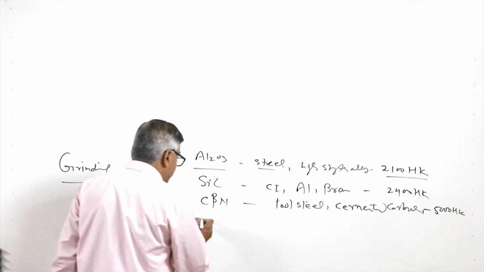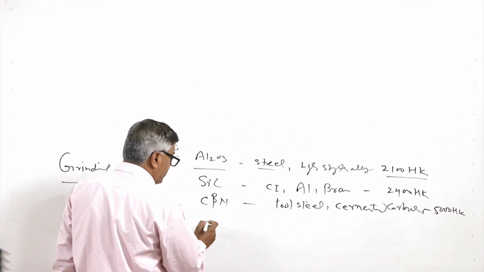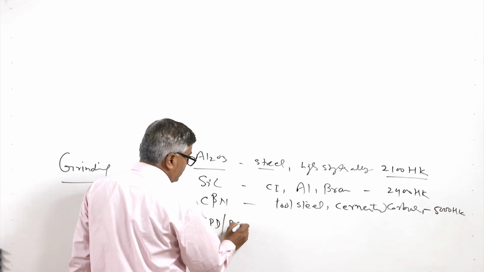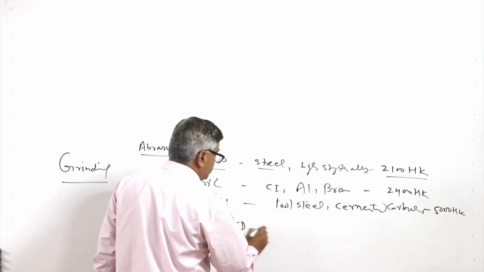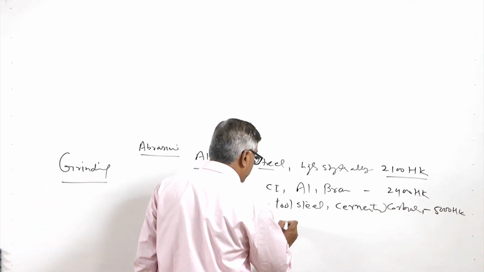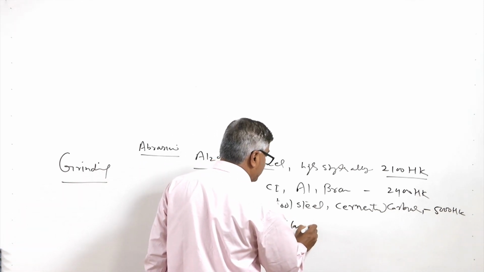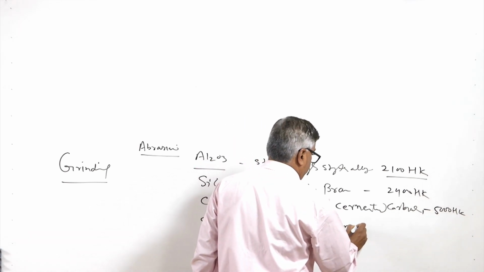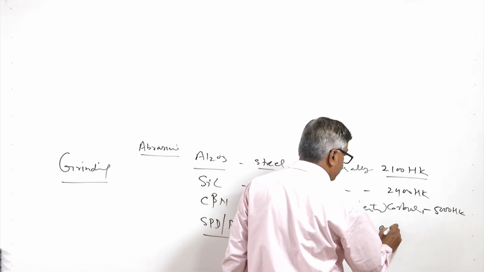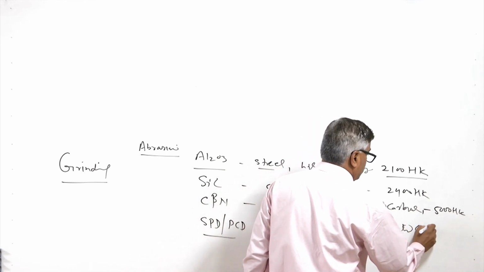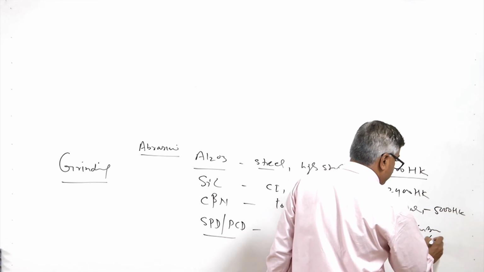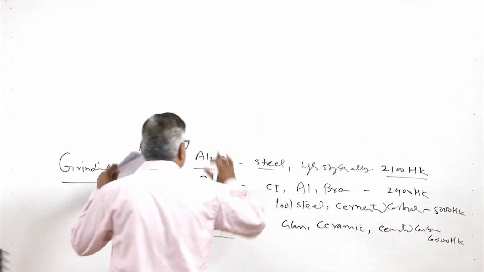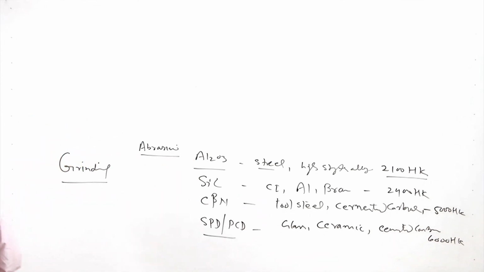And then we have diamond, a synthetic diamond or sintered polycrystalline diamond. Both are used for grinding glasses, ceramics and cemented carbide tools, and these are 6000 HK, the Knoop hardness. So, depending upon the abrasives, their hardness varies.